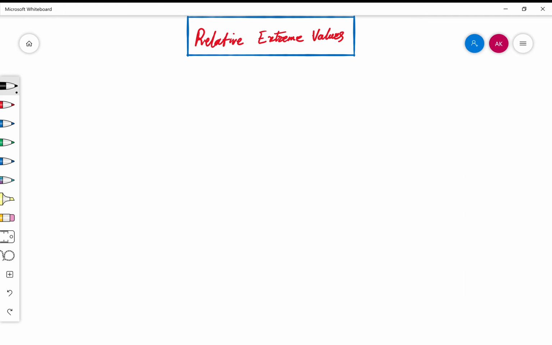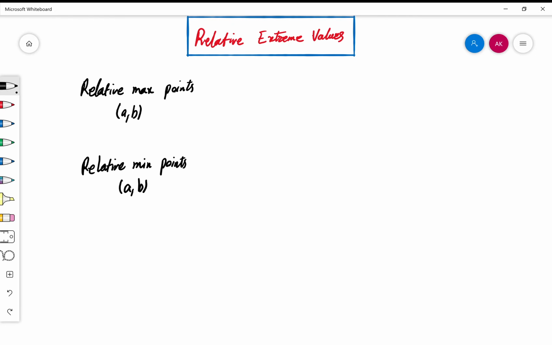So basically we were looking for what are the relative maximum points and relative minimum points. These points are a pair of numbers, first and second one.